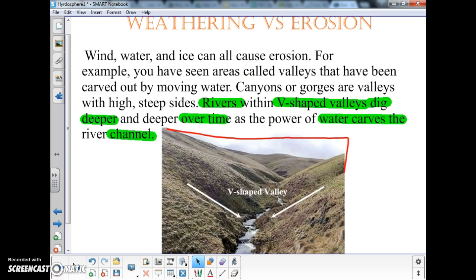Now, question number 2 asks you to come up with 3 ways that wind, water, and ice can actually erode the materials, carrying them away. Well, the first box is the wind. Wind, if you can think about this, is when wind blows around and it picks up materials.